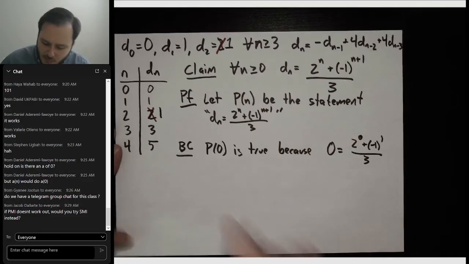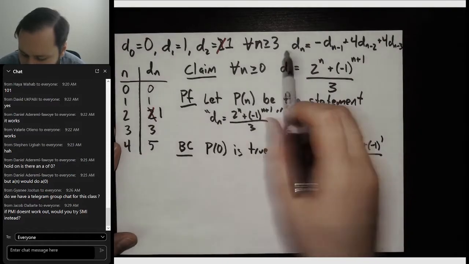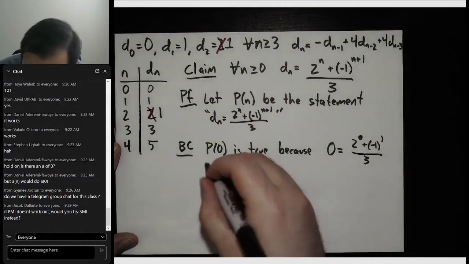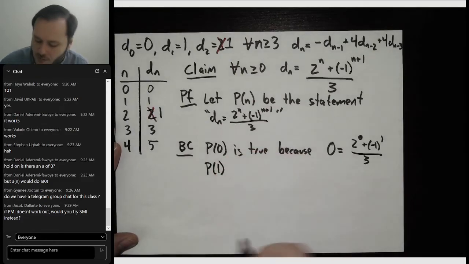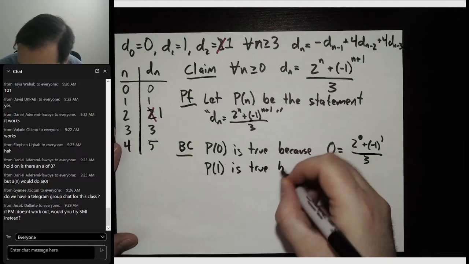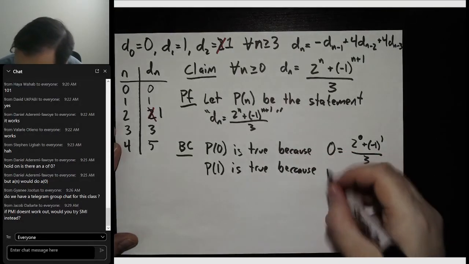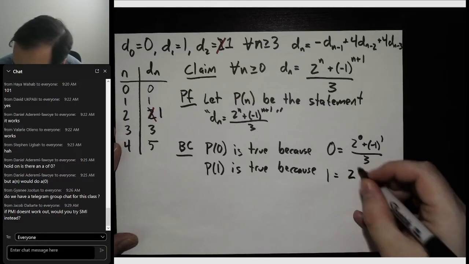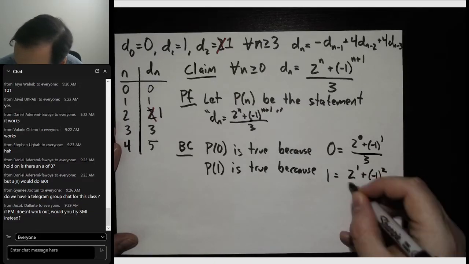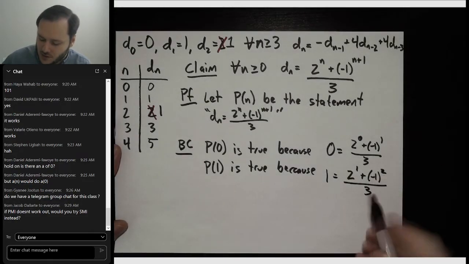But I'm going to need more than just P of 0 because my recursive statement doesn't kick in until n is at least 3. So I also need to prove P of 1. P of 1 is true because 1 is equal to 2 to the 1 plus negative 1 squared divided by 3. 2 plus 1 is 3 divided by 3.